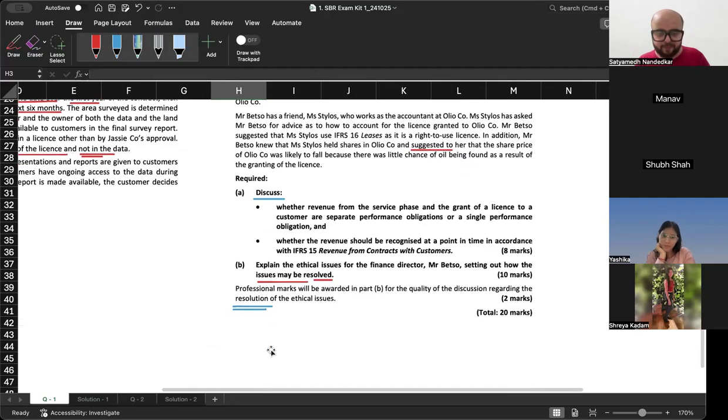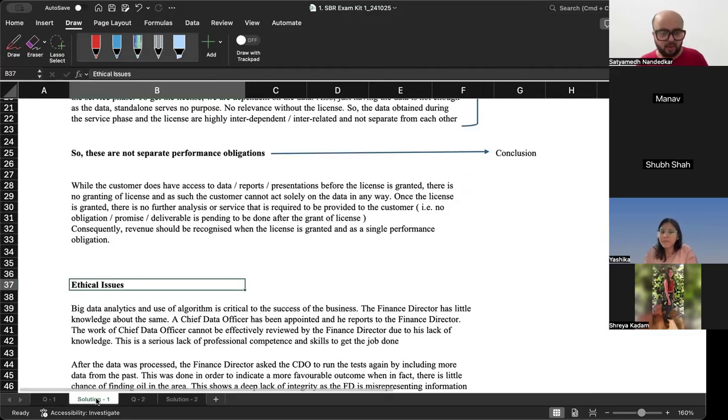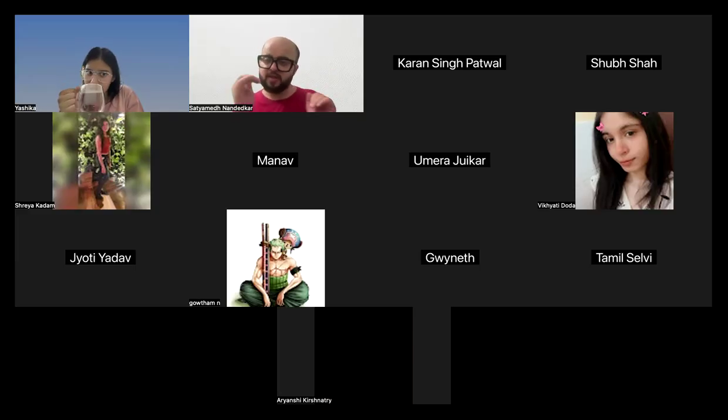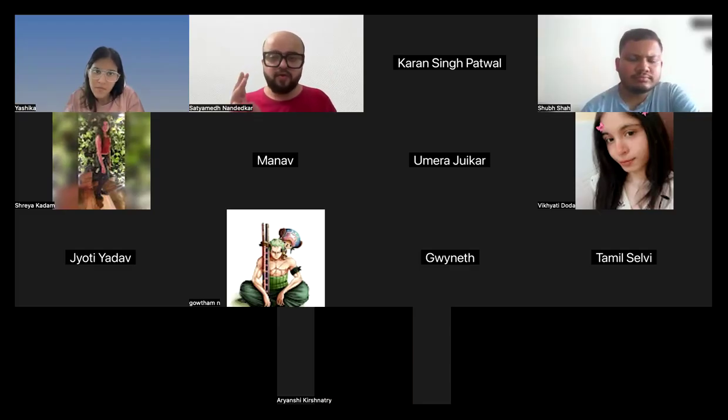The second part asked whether the revenue should be recognized at a point in time in accordance with IFRS 15 Revenue from Contracts with Customers. Now, for revenue to be recognized over a period of time versus at a point in time, you should always evaluate over a period of time first.